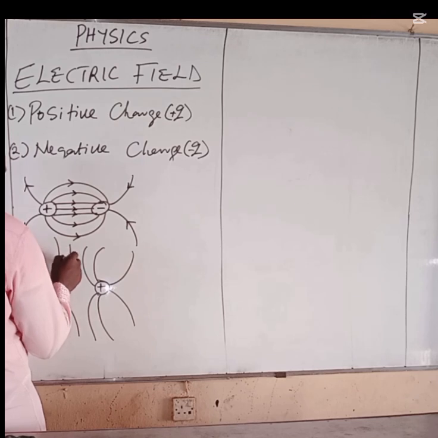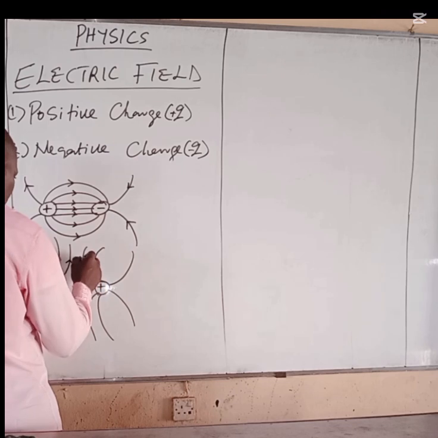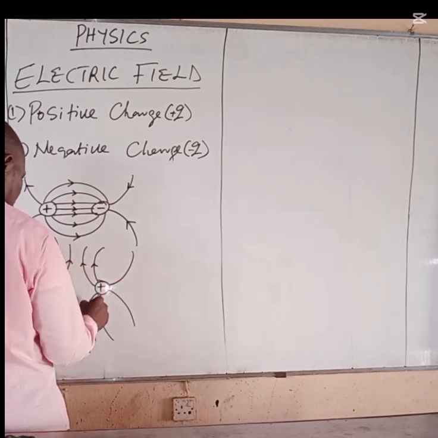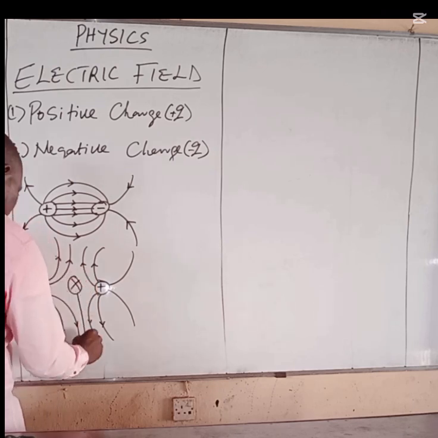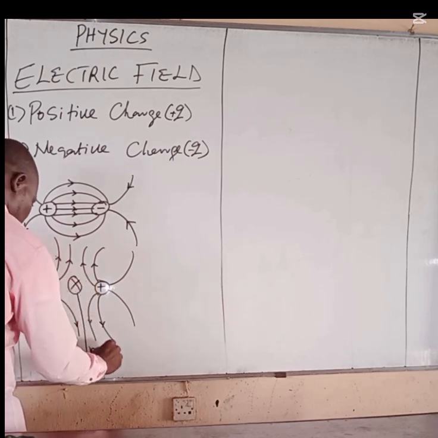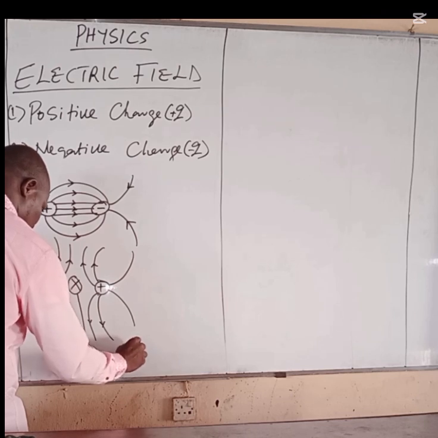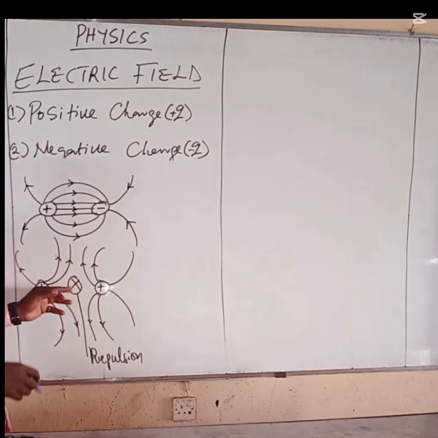This point is called null point, and this is where the force of repulsion will take place.